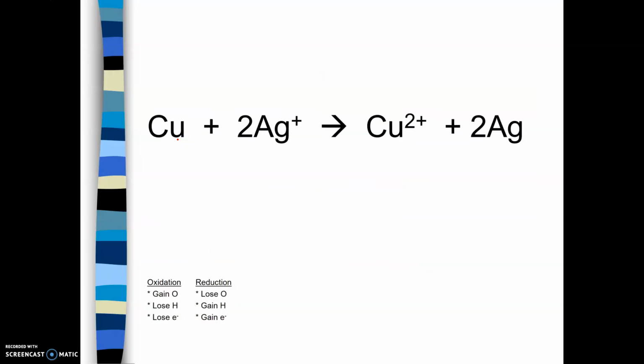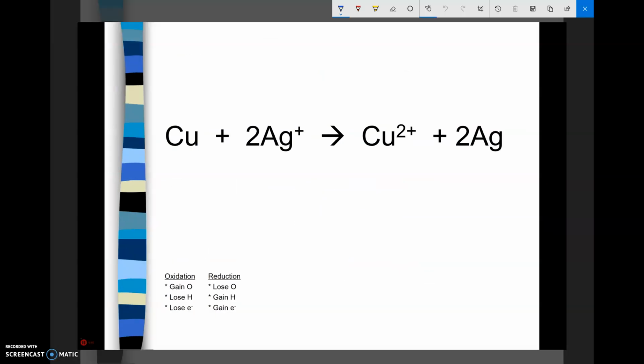Okay, next example. On this one, we don't have any oxygen or hydrogen, so we're going to look at electrons. Copper to copper. Right here, copper is in its elemental form, so it's a 0. On the right side, it's a +2 because it's a monatomic ion.